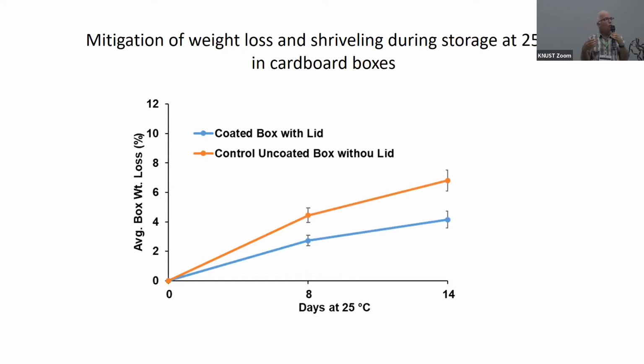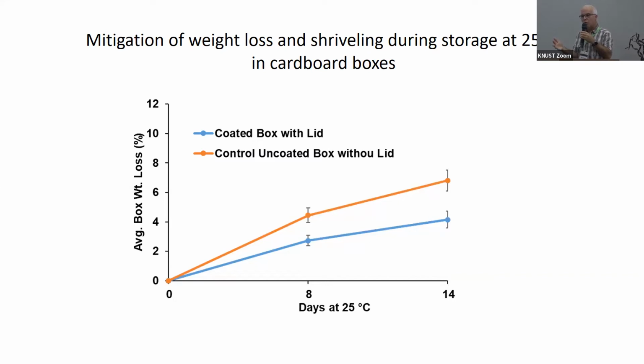Now, we were looking for simple means to reduce the main problem that we saw, which was shriveling. And of course, we could use one of the sophisticated packaging systems, but we wanted to look at simple solutions.